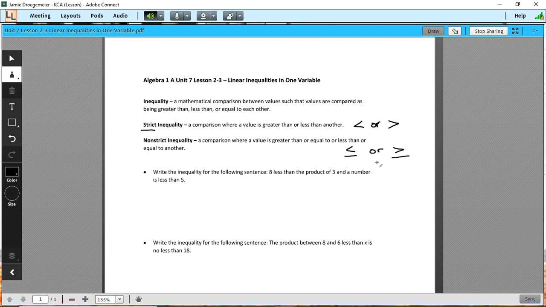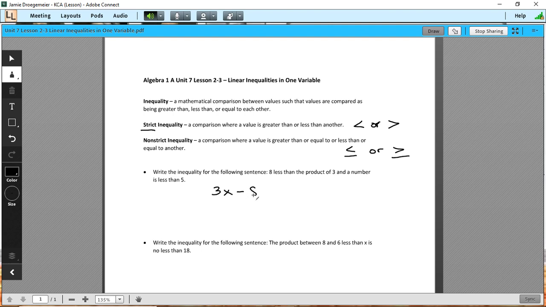So our first one asks us to write the inequality for this sentence, and it says 8 less than the product of 3 and a number is less than 5. All right, so the product of 3 and a number is 3 times our variable. Product means multiply. We want 8 less than that.